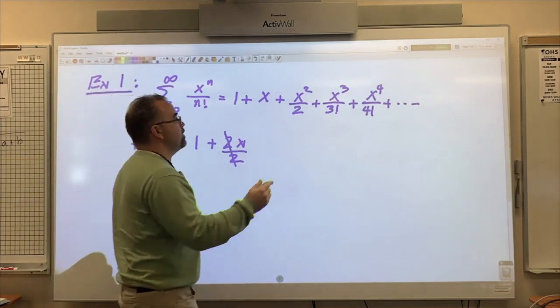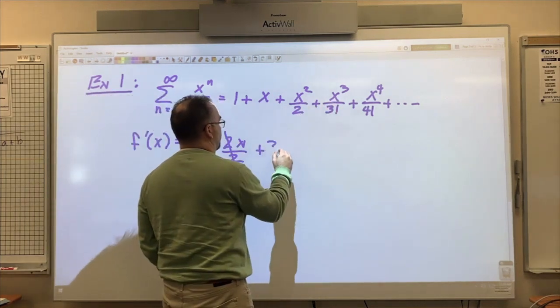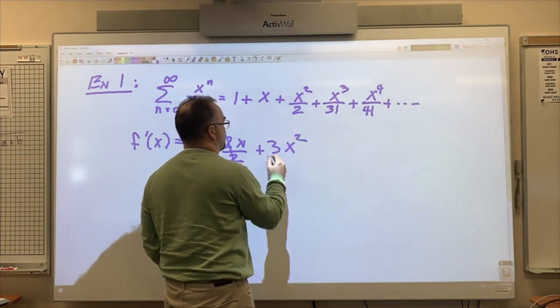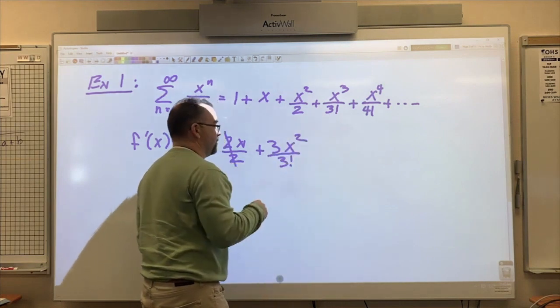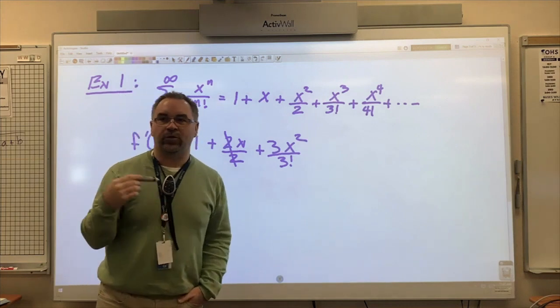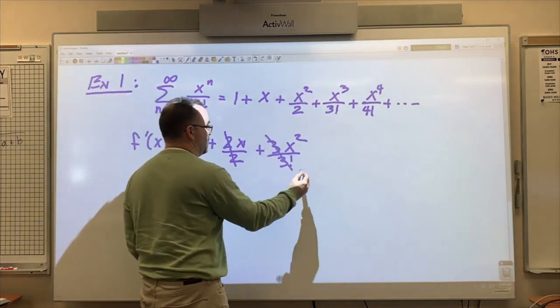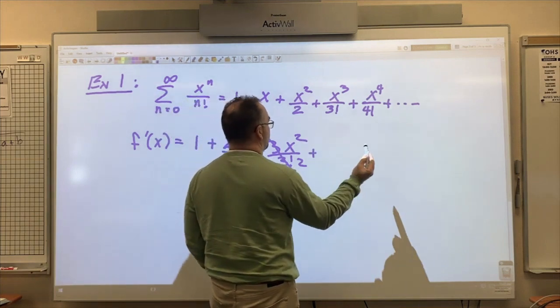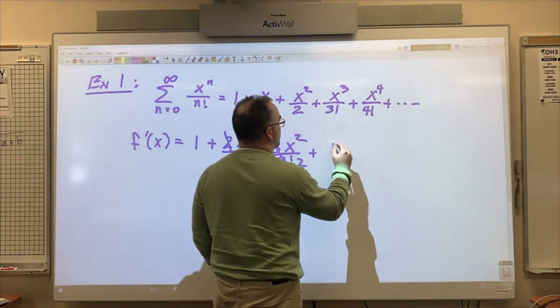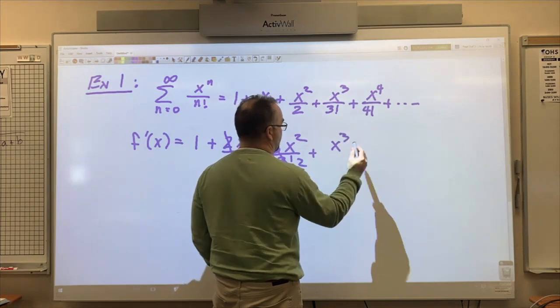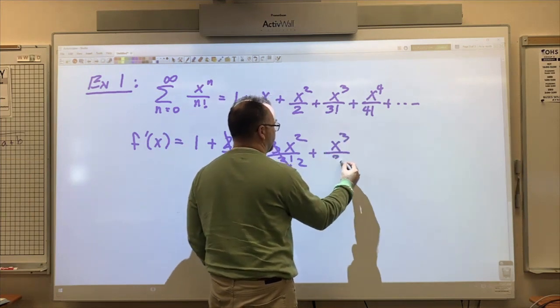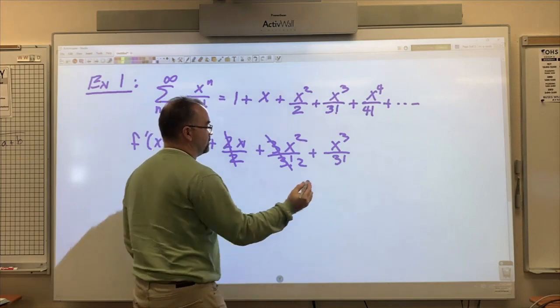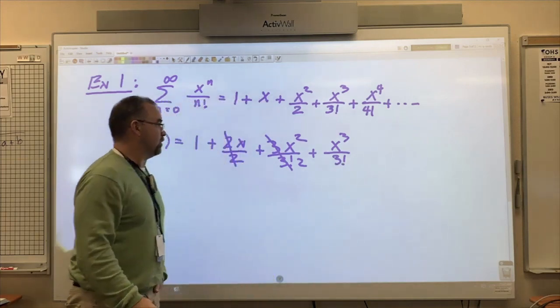If you bring the 3 down here, 3x squared over 3 factorial, well, 3 factorial is 6, so when you cancel that out, you get a 2 down here. And you might be seeing what's going to happen here. We're going to get x cubed, and the 4 would cancel, but we'd have the remaining stuff for 3 factorial, and so on and so forth.